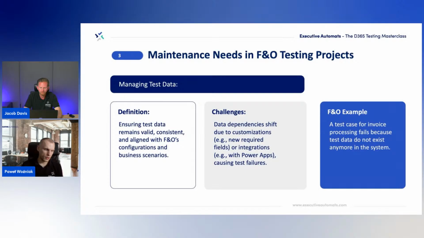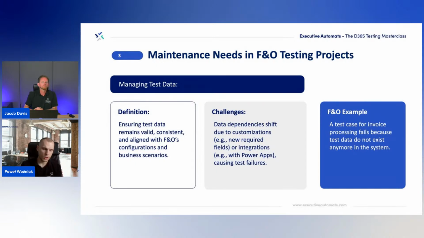So very often, what we do, we run some special scripts to create data before our actual tests run. But we may also need to update some fixed values. Like in this example, I have a test case for invoice processing that fails because test data does not exist anymore in the system. Let's imagine we want to run a script that creates an invoice for the customer, but the customer is no longer in the system, or the customer got blocked for some reason inside Dynamics because of the credit limit or whatever.